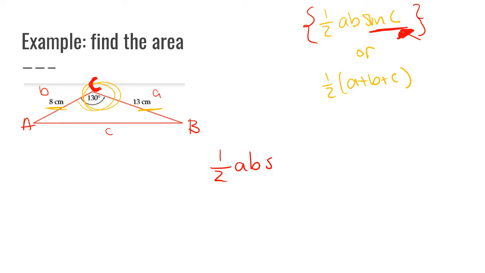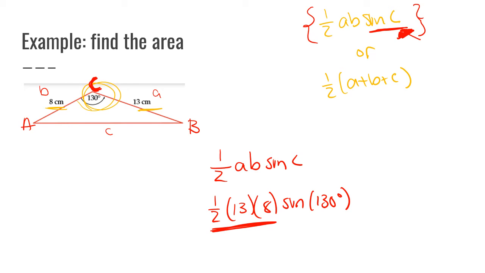Okay, so now we're just going to plug it into our equation, and it can't get easier than this. It's literally just substitution. So 1/2, A is 13, B is 8, and then sine of 130 degrees. I'm going to do this in my calculator first. I get 52 times the sine of 130. Make sure you're in degree mode.